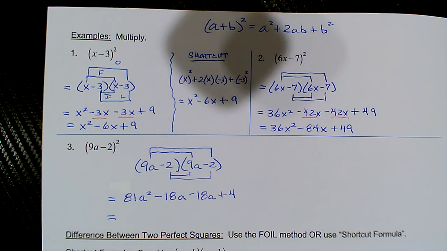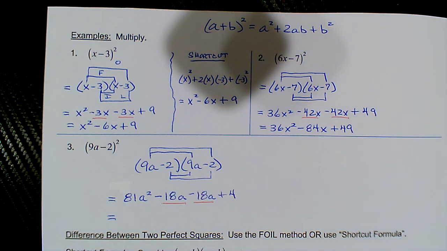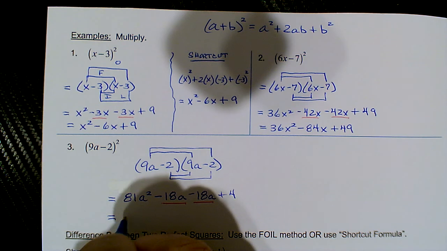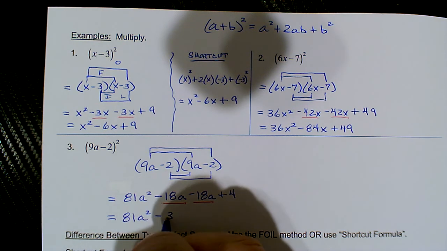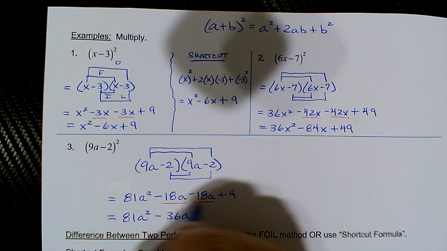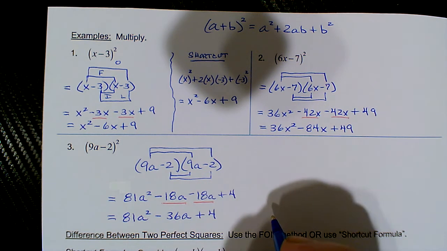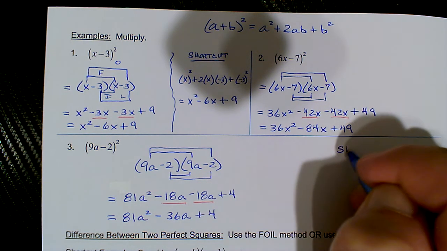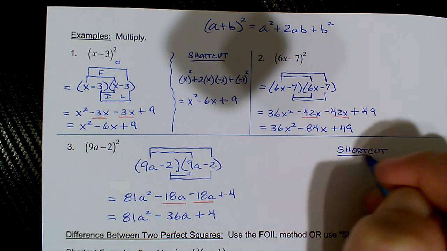And after you do this for a while, then you realize that, yeah, maybe the shortcut formula is easier, because you're always combining these middle terms that are the same. So that's why we take twice the product. And you don't have to show everything that I'm showing when I use the shortcut formula.